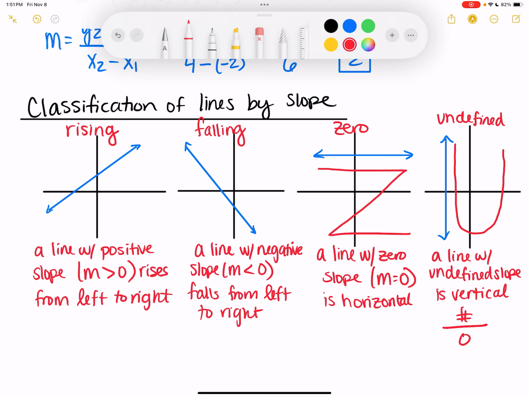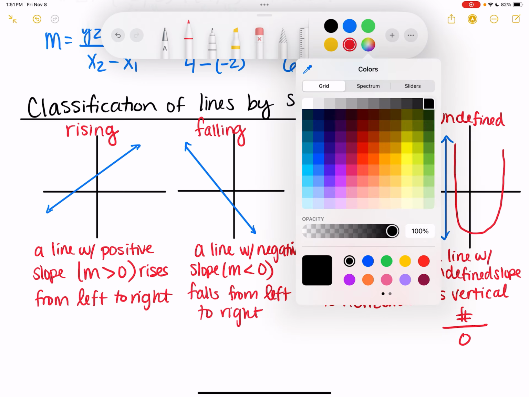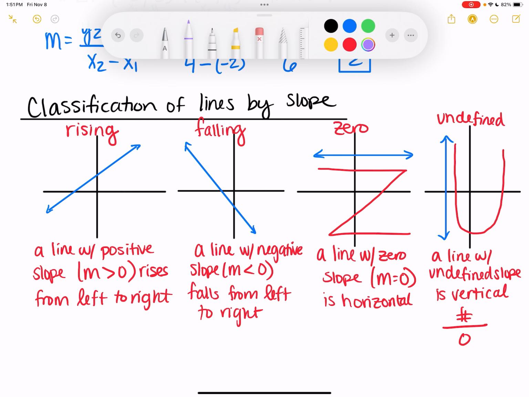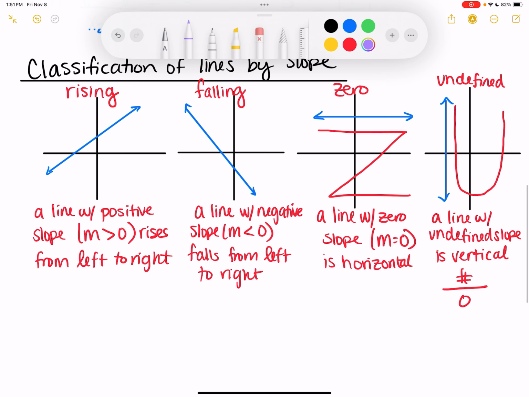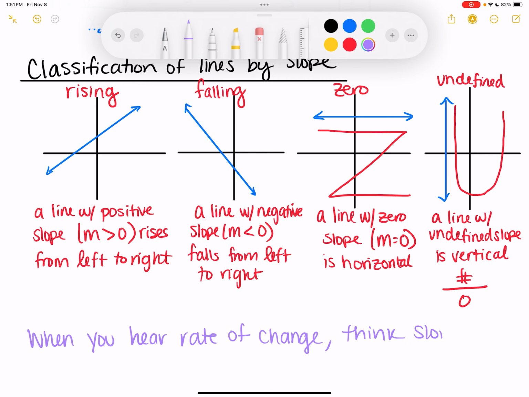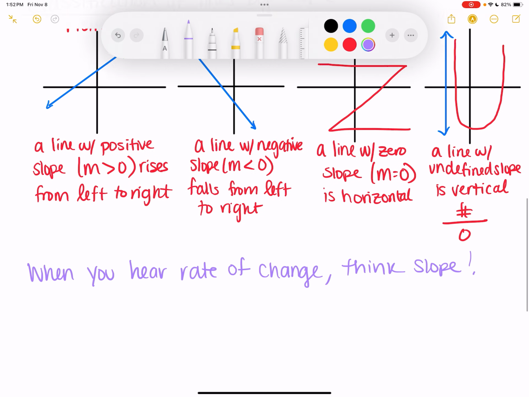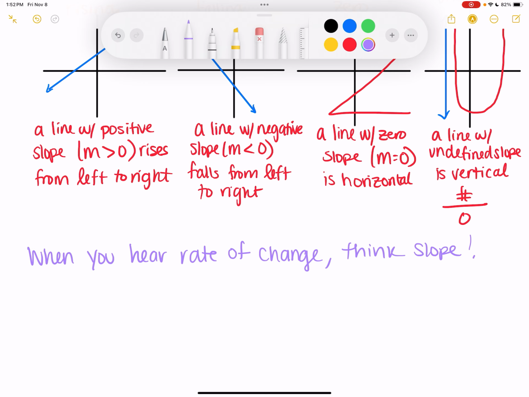All right, the other thing in this section, so our section was called Find Slope and Rate of Change. When you hear rate of change, I want you to think slope. But specifically, rate of change, we use this in a very specific situation.